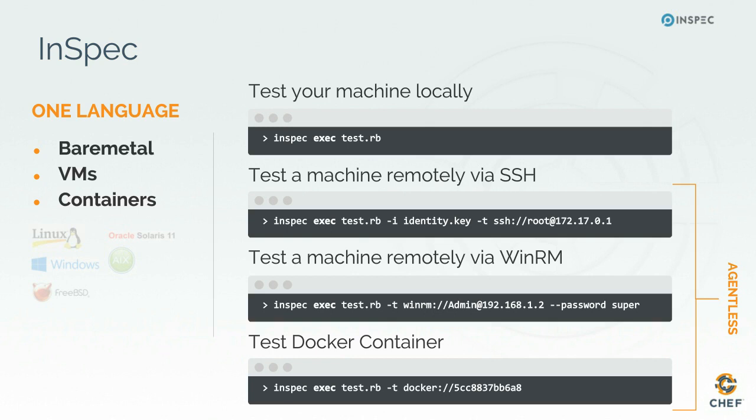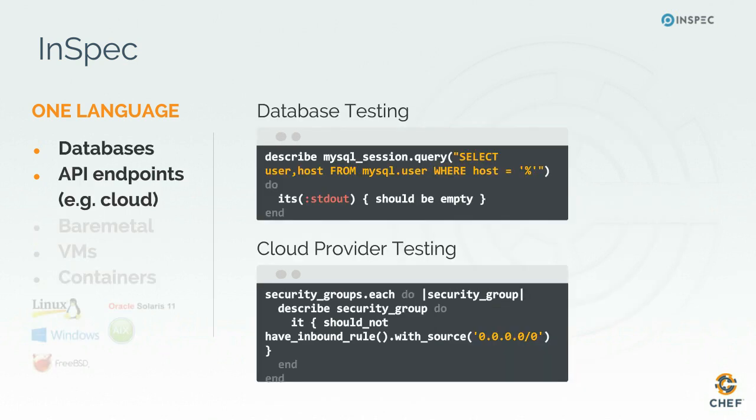Now, inspecting systems is fine, but we also take this beyond systems. So we now have the capacity to inspect databases. The example on the top allows me to run a specific query and expect that it should come back empty. We can also run InSpec scans around APIs. So think about your cloud provider platforms. Think about expressing that a particular security group shouldn't have inbound rules that allow everybody to come in.